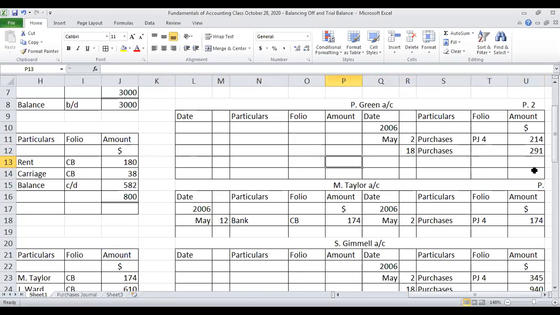So add up 214 plus 291, that will go to 505. And since there is zero on this side, just still put in the 505 as the balance carried down. So therefore, it can be said then that P Green has a credit balance of 505. May 31, remember, the usual is the last date of the month you put for the balances.